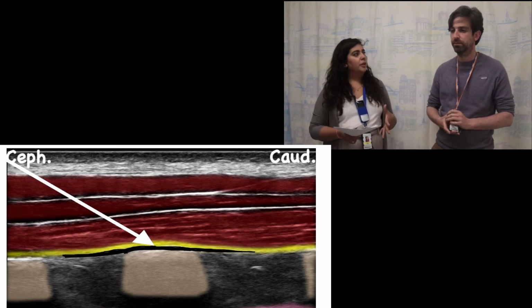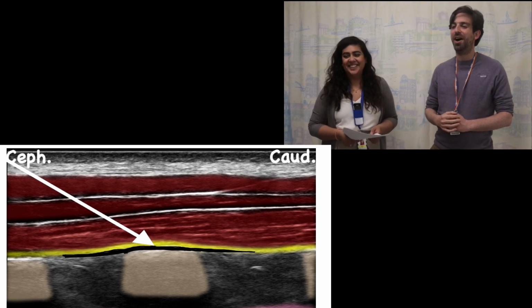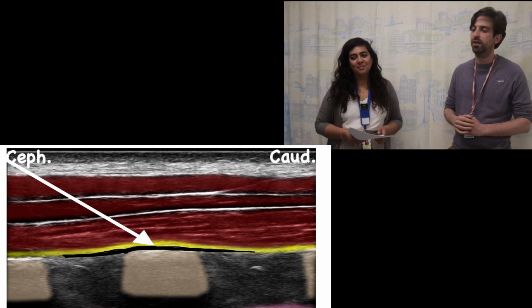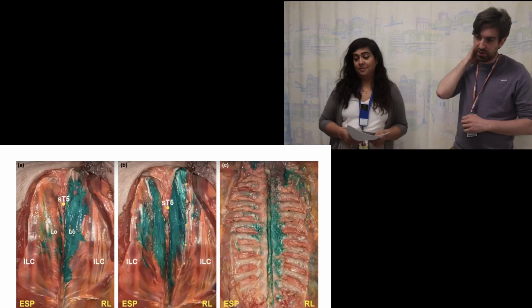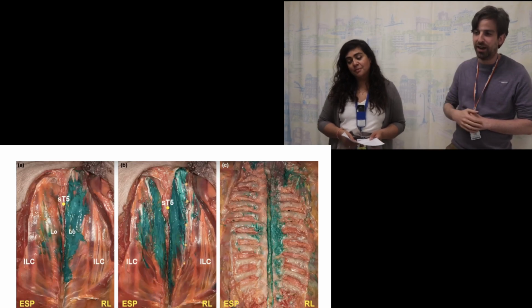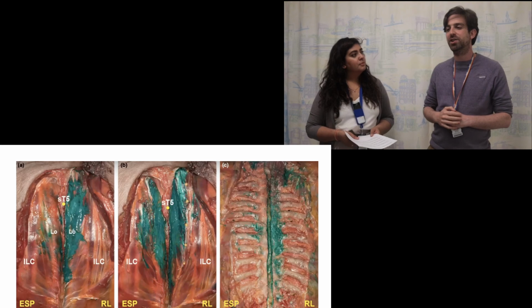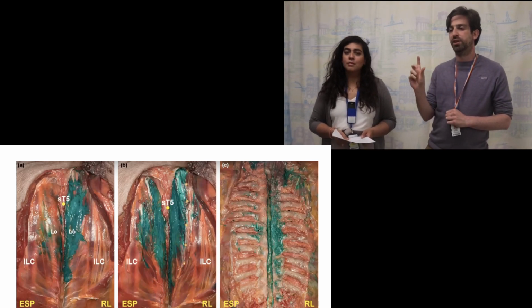How does it actually work, though? Good question. I would say that there are two main mechanisms. If you look at this, it's one of the cadaveric studies, from Anaesthesia, I believe it is Yang et al. There is extensive spread of local anaesthetic up and down the erector spinae muscles.